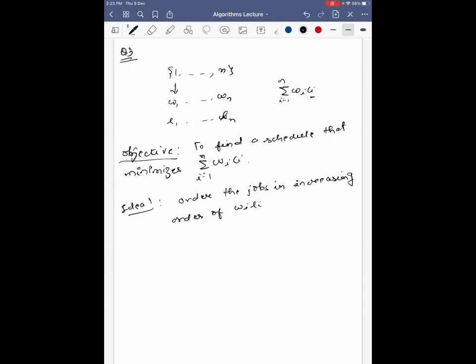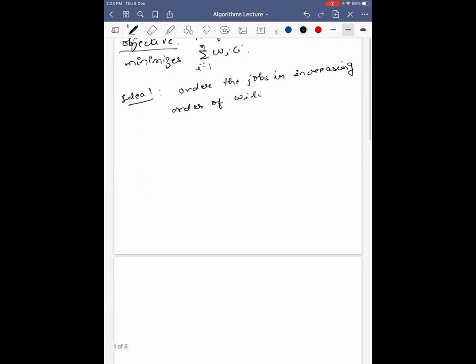In fact, this happens quite a lot. That is why minimum spanning tree algorithms or shortest path algorithms are quite interesting, because they are greedy algorithms which actually give you optimal solutions. However, that need not necessarily be the case.